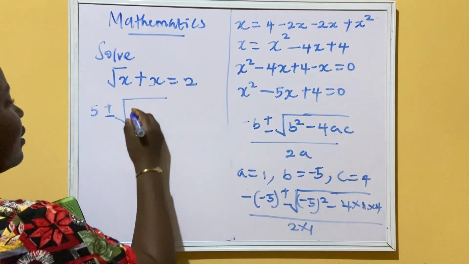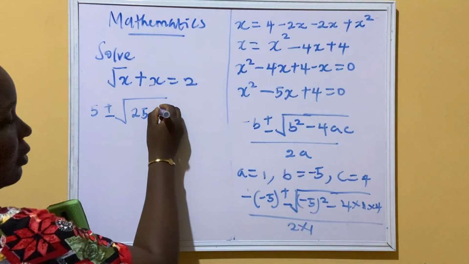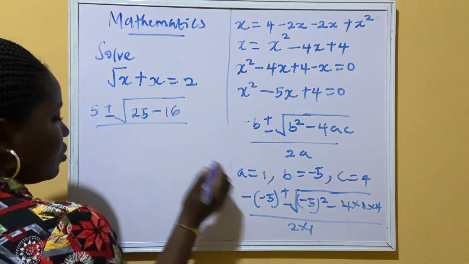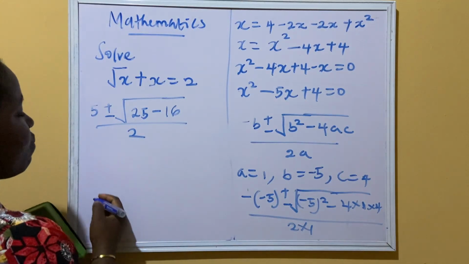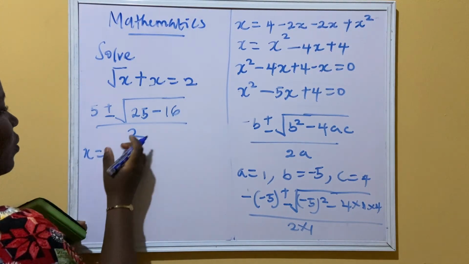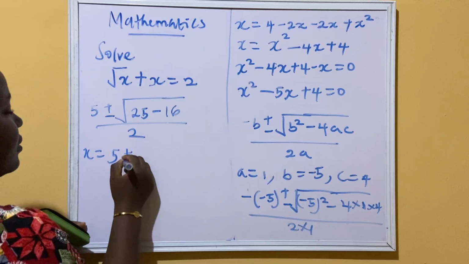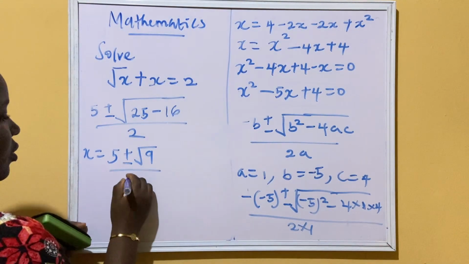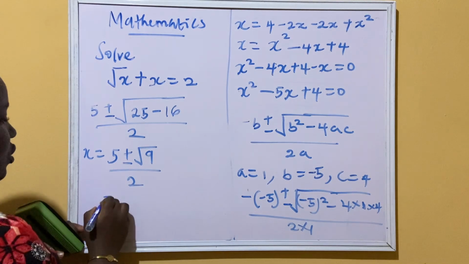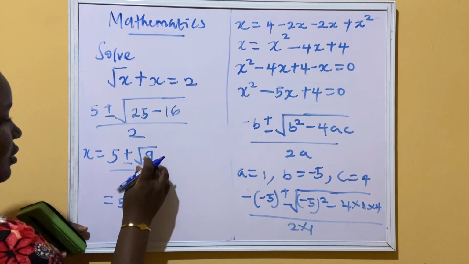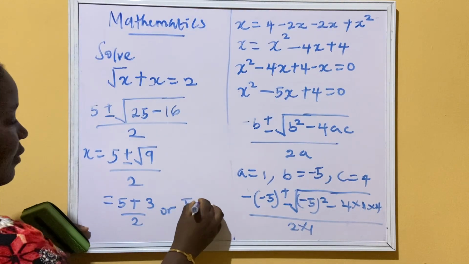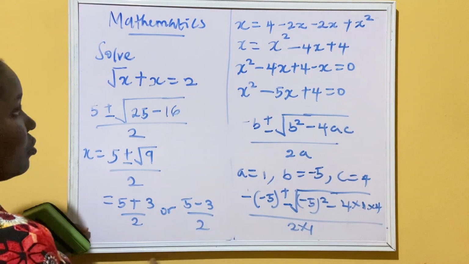Okay, so you have 25 minus 4 times 4 which is 16, all over 2. Okay, so x is equals to 5 plus or minus square root of 9 all over 2, alright, which is equals to 5 plus square root of 9 is 3 over 2, or 5 minus 3 all over 2.